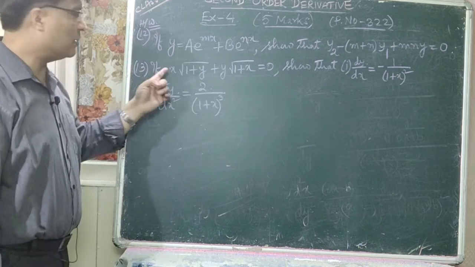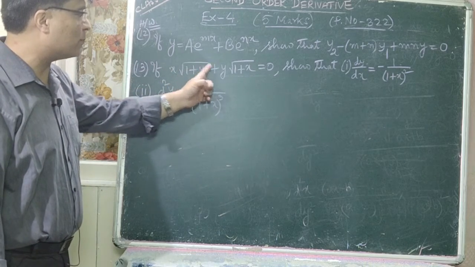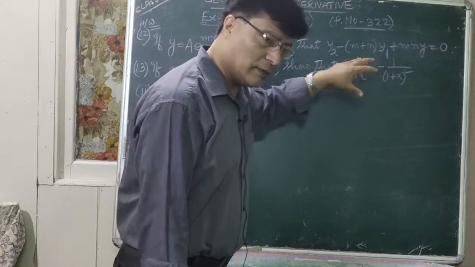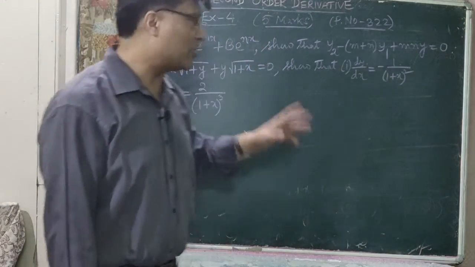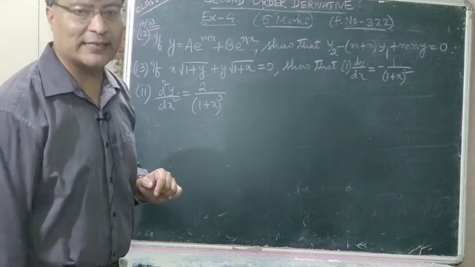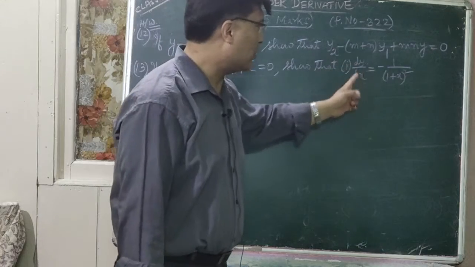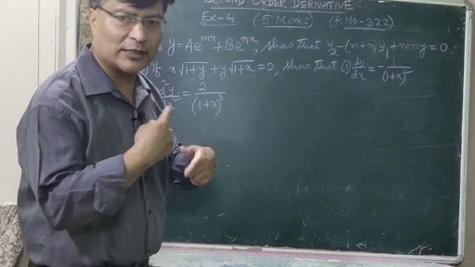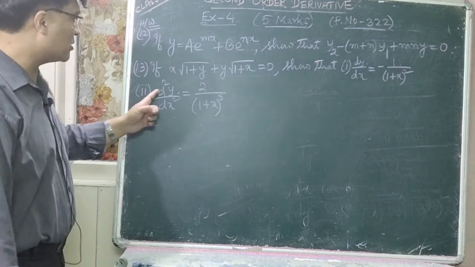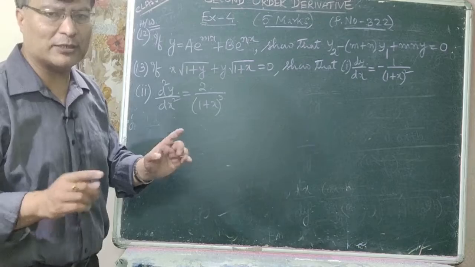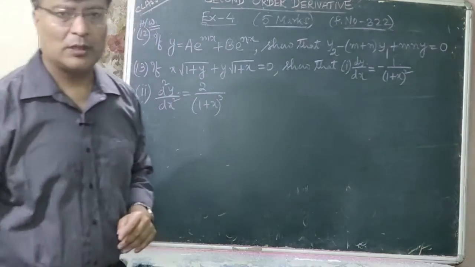So given here is x root under (1 plus y) plus y root under (1 plus x) equal to 0, and you have to prove, but in the proof you don't have square root sign. You have to prove dy by dx is equal to minus 1 upon (1 plus x) whole square. This does not contain square root. And in this case also, you have to prove d2y by dx square is equal to 2 upon (1 plus x) whole cube. That means you have to remove square root from given.